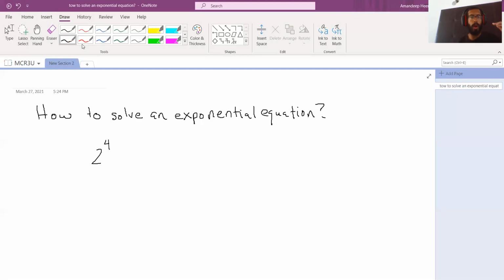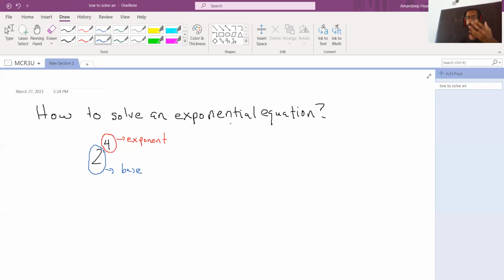That smaller number is called the exponent, and the bigger number is called the base. That's where the exponential comes from. You have some big number raised to some small number. That's what it means by exponential.